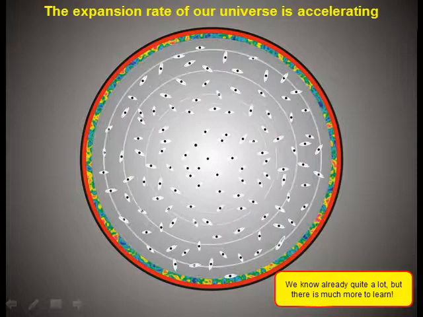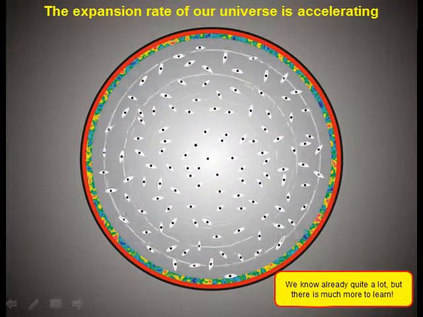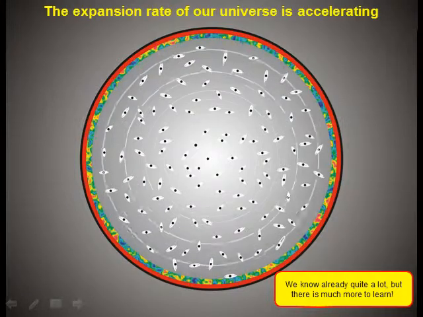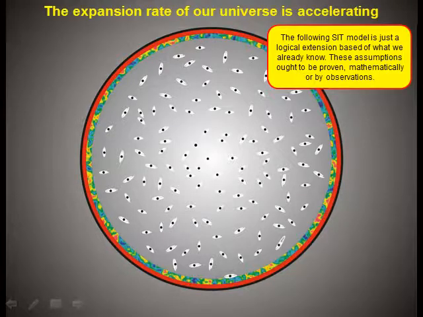We know already quite a lot, but there is much more to learn. The following SIT model is just a logical extension based on what we already know. These assumptions ought to be proven, mathematically or by observations.